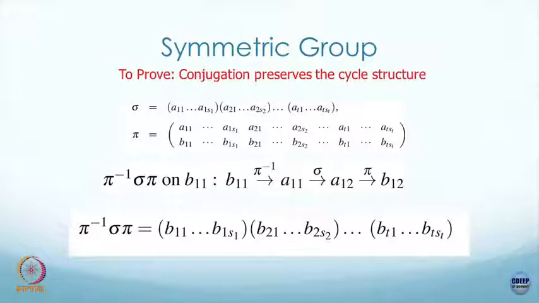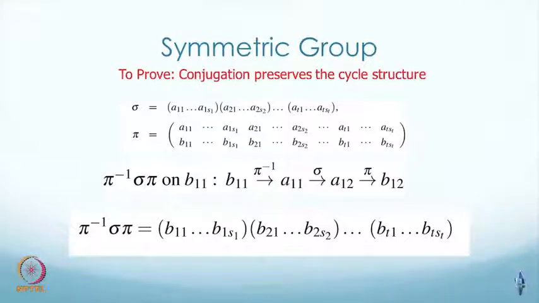If you had taken B12, it would have gone to B13. And if you go to B21, it will not give you any of these sets.